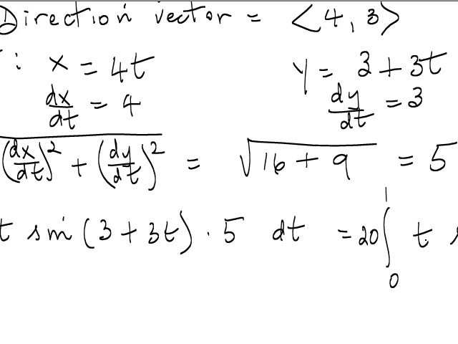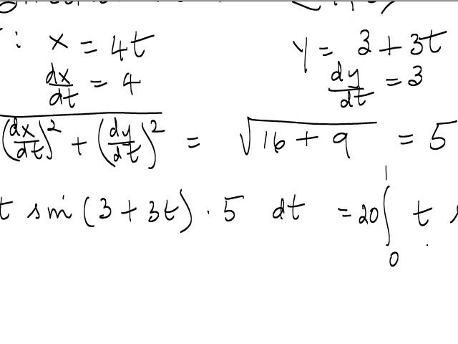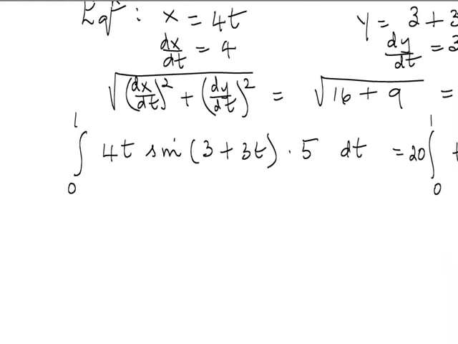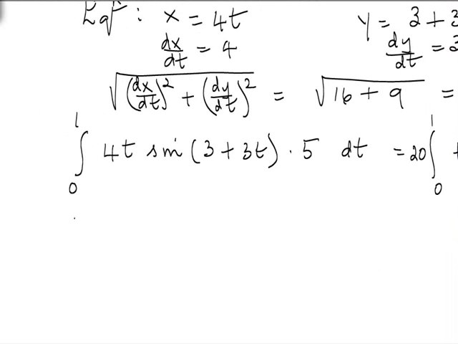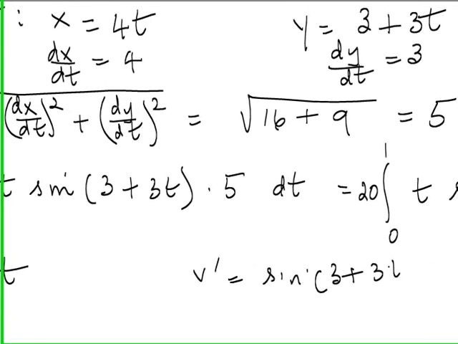That's not a multiple of t. So, as somebody said, you use parts. If you use parts, let me do this completely because we haven't done a question with parts yet. What is u? t. Okay. And v prime is sine of (3 plus 3t).